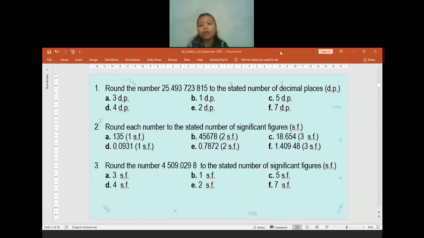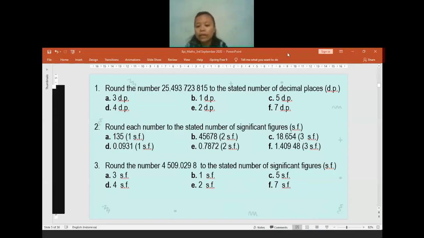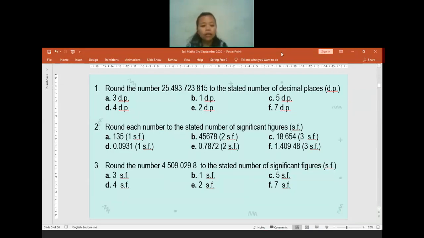Okay, I will continue. Before, I was already at question F. At question F, we have to round off the number correct to three significant figures. That means we have to find the third significant digit. The first significant digit is the non-zero one.